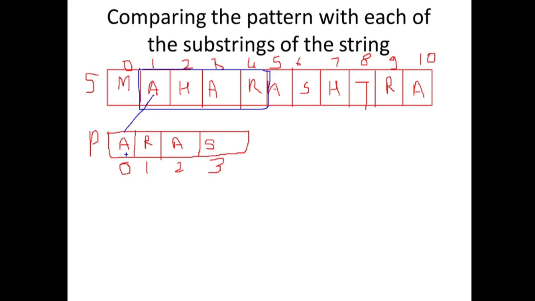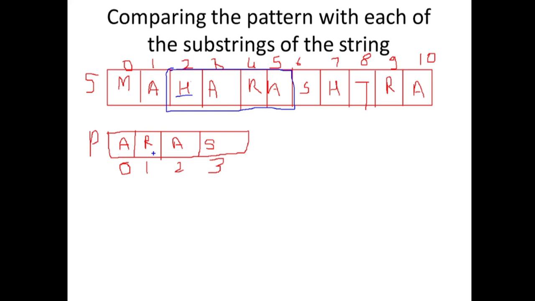Both are A and matching, so we go for the second character, that is H and R. These two are not matching, so we go for the third substring, starting with index 2. Now this H we match with the first character of the pattern, A. These two are not matching, so again we go for the next substring.